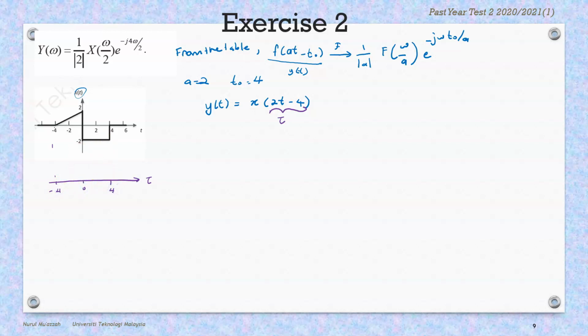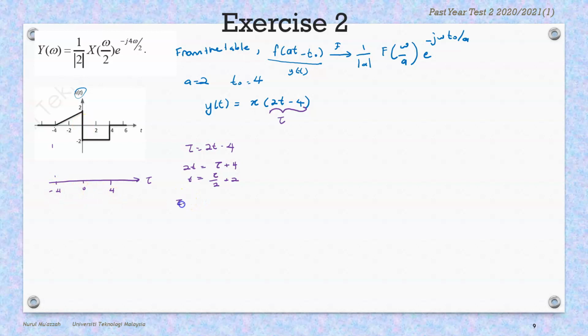Now we put tau equal to 2t minus 4. Then 2t is equal to tau plus 4, and t is equal to tau over 2 plus 2. Then we put tau in terms of the times that involve changes in the signal: negative 4, 0, and 4.